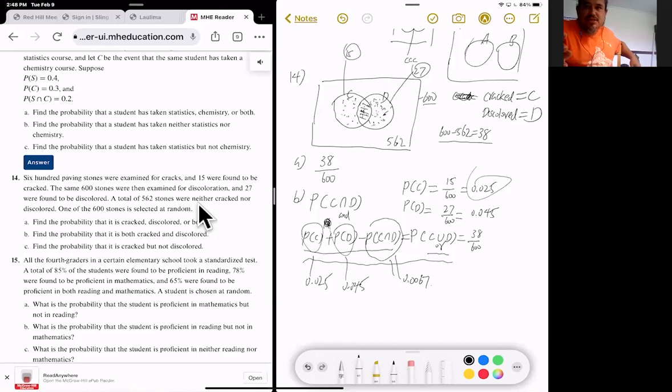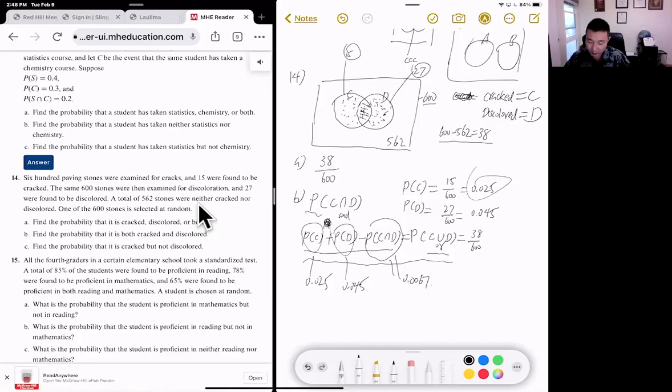Is it 38 over 600? No. We want to find out P of C and D, right? We plug into this equation, and within that equation we figure out all the remaining parts, P of C, P of D, and P of C or D. We plug in the known numbers, and then the only unknown will be P of C and D. So the answer is this.